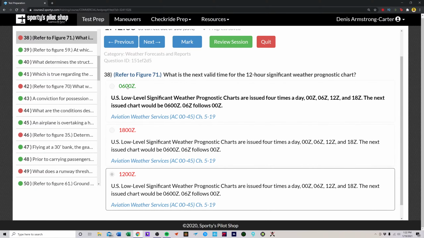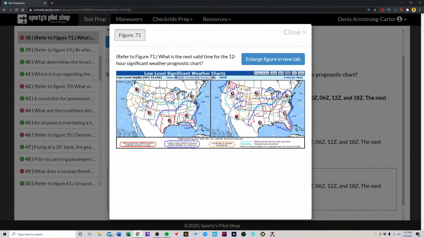It's 6 Zulu. Why is it 6 Zulu? That makes no sense. Okay, look at this, guys. Valid 00 Zulu, right? That's midnight. You do 12 hours on top of midnight? 1, 2, 3, 4, 5, 6, 7, 8, 9, 10, 11, 12. That's 12 p.m. See?